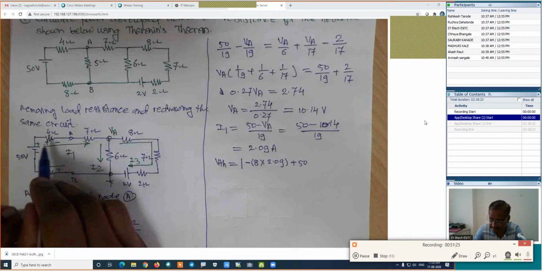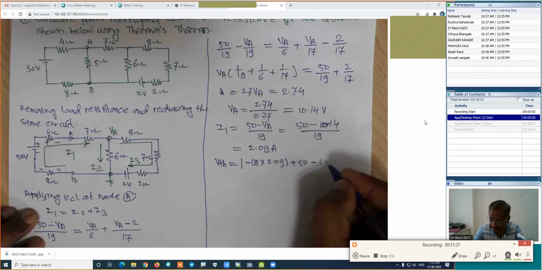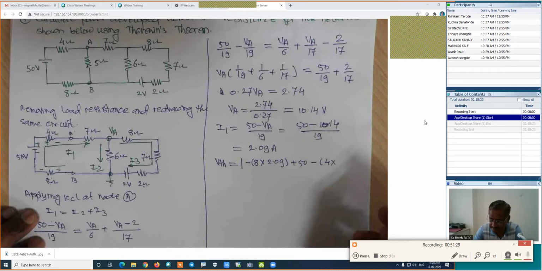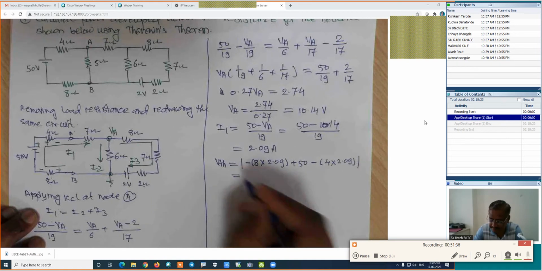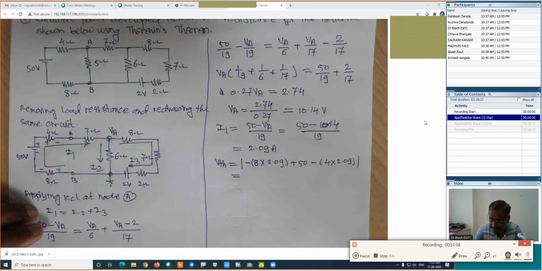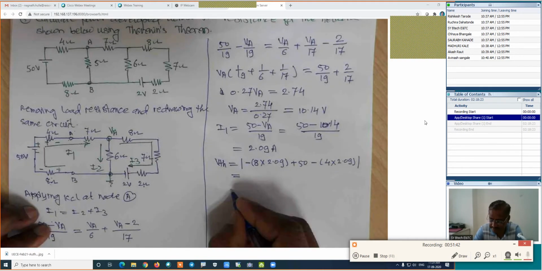Then positive to negative, which is minus 4 times its current, 2.09. Simplify this and find VTH, Thevenin's equivalent voltage.